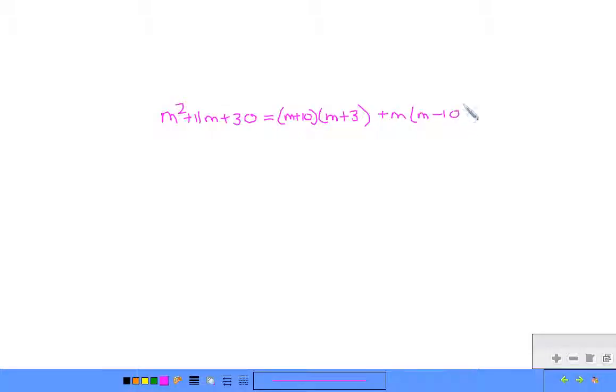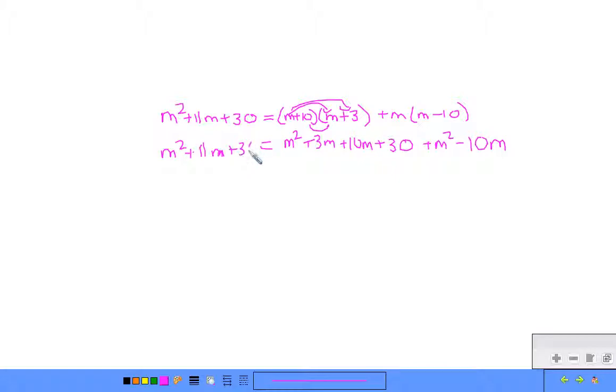So this one's just kind of a messy one, so take your time here. We got m squared when we multiply this out, 3m plus 10m plus 30. And then we have plus m squared minus 10m. So over here we still have our m squared plus 11m plus 30.